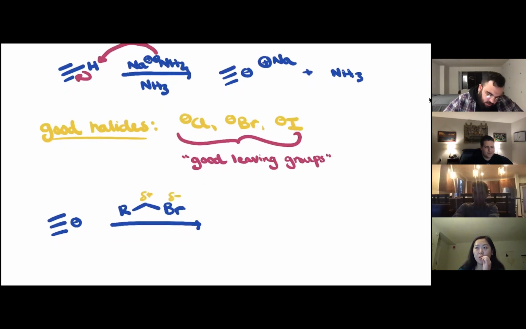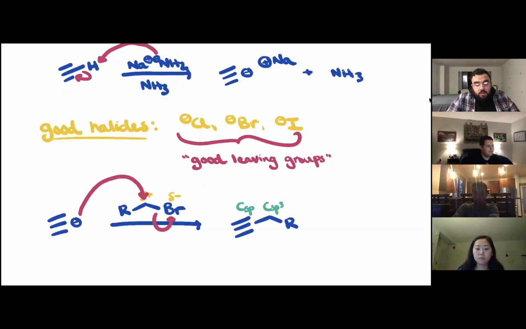So now what you see here is that you're going to attack this carbon and break that bond with the bromine. You form a carbon-carbon bond. And as promised, you see that this is an sp hybridized carbon, and this is an sp3 hybridized carbon. So you're making a bond between those two, okay?